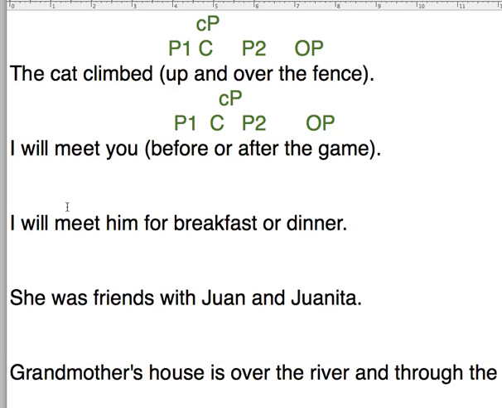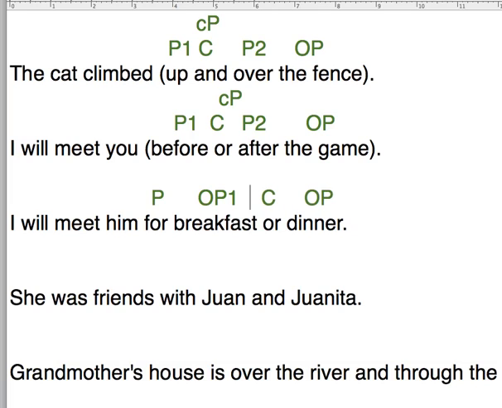Third one. I will meet him for breakfast or dinner. This time the connector or is connecting not two prepositions but two objects of prepositions. Notice for is a preposition, right? For what? For breakfast or dinner. So this is going to be an OP, and our connector is or, and the second OP is dinner. And so again, we'll number these.